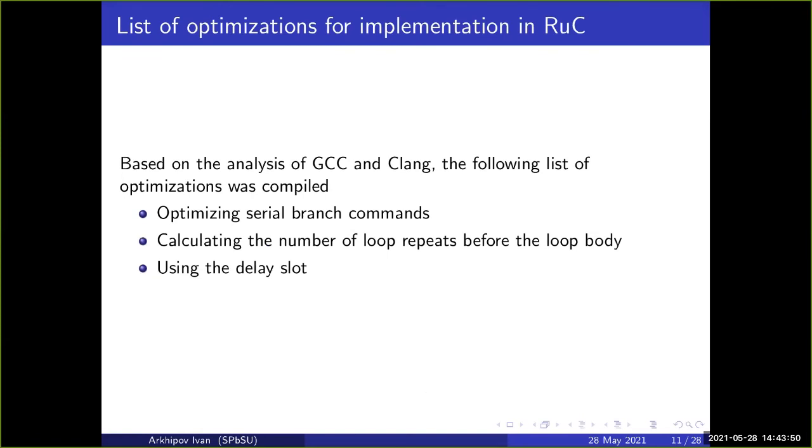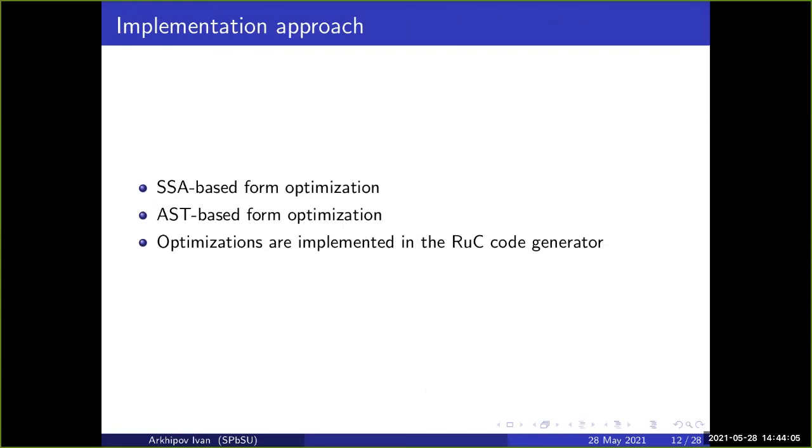So based on the analysis of GCC and Clang, we choose such optimizations as optimizing serial branch commands, calculating the number of loop repeats, and using delay slot. We have several approaches for how to do this. For example, it may be based on SSA form.